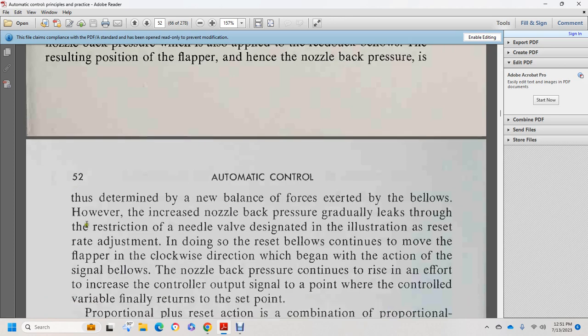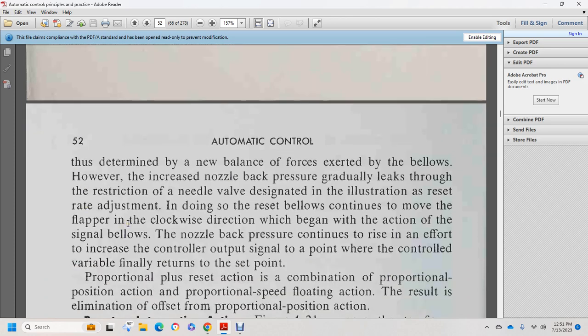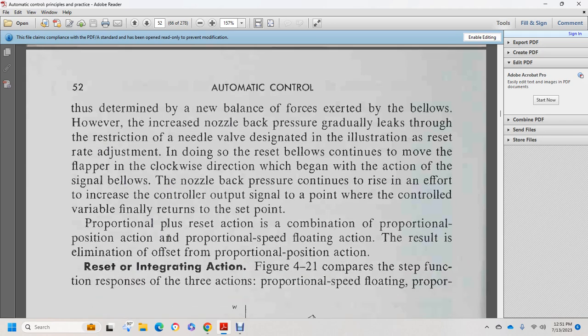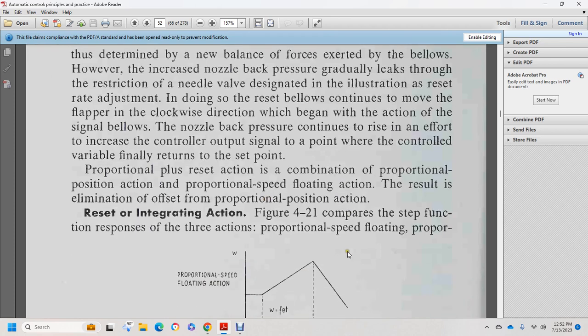So the beginning of the action with a single bellows, the nozzle back pressure continues to rise, increasing the control output signal until the control variable returns to the set point. Proportional plus reset action is the combination of proportional action and proportional speed floating action. This results in elimination of the offset from the proportional position action.